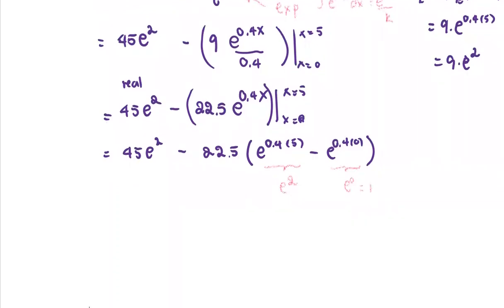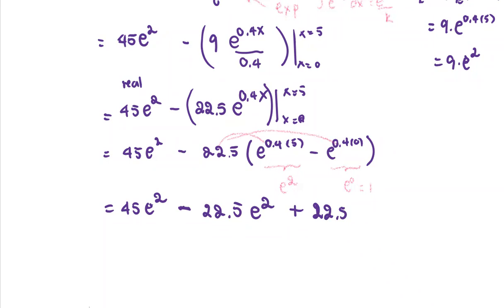Now what do I have? I have 45 times e squared minus 22.5e squared. Negative becomes positive, and then plus 22.5, because you multiply to both terms.